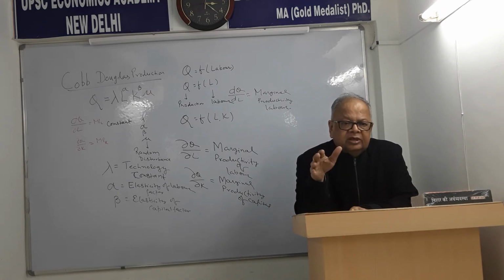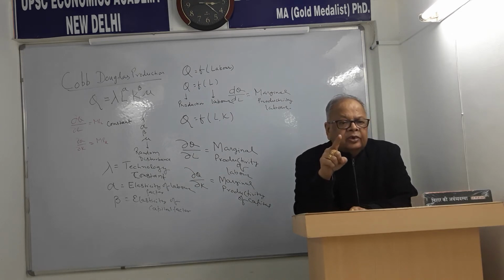Under this situation, production will increase, no doubt. Labor increases by 10%, production will increase, but not by 10%, but by less than 10%. This is called law of diminishing returns.